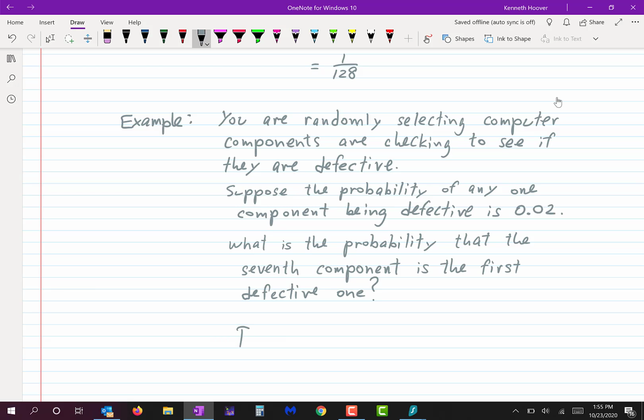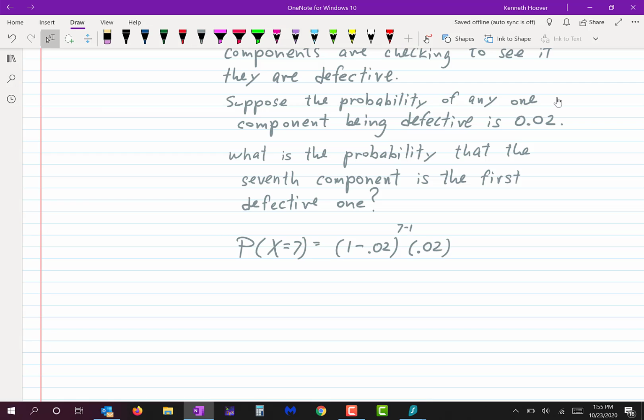Okay, so again, that's just the probability of x equaling 7 will be 1 minus 0.02 to the power of 7 minus 1 times 0.02. Very simple formula. So this will be 0.98 to the power 6 times 0.02. That's a calculator problem.